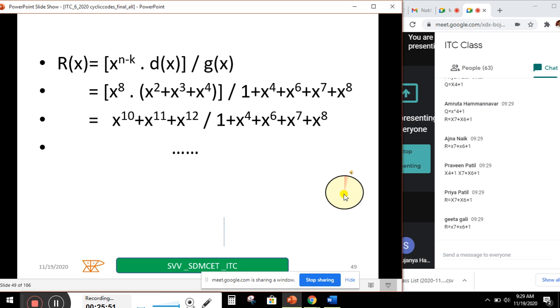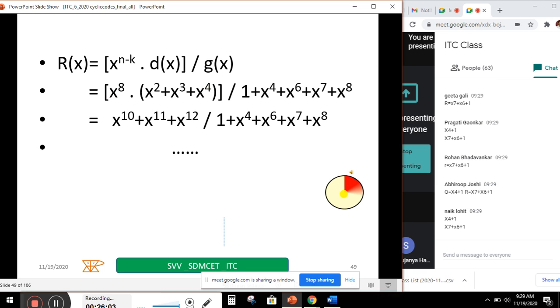Priya Patil, Geeta Gali, Adnya and Pragati Gaonkar got the same answer. Rohan got x raised to 7, 6. Okay, it is also the same. Abhirup and Nayak Lohit got the same answer. Let me wait for a few more seconds.